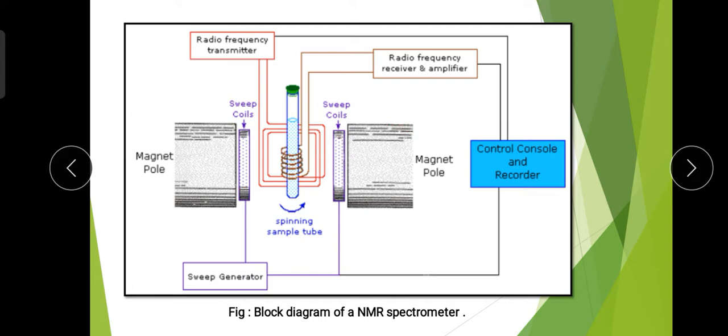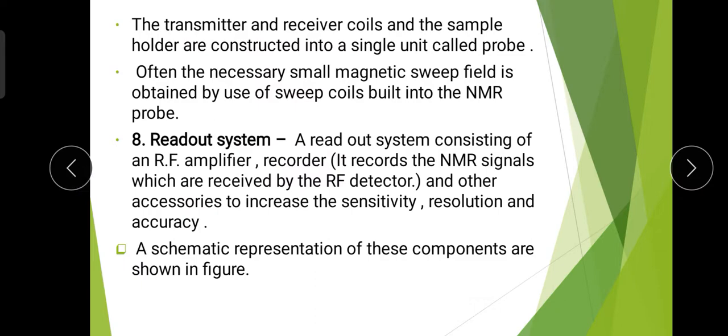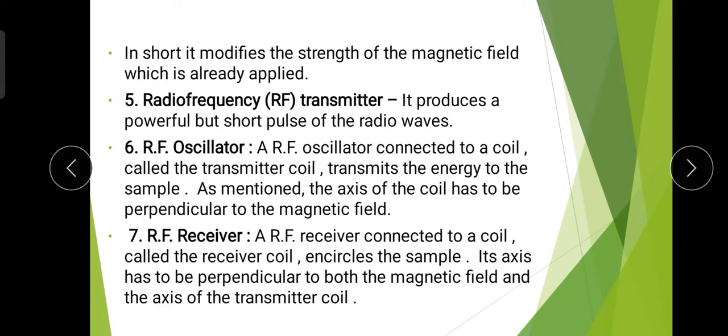Here in the diagram these are the sweep coils, and the sweep generator is connected to this coil, and the radio frequency transmitter is also connected to those coils. So this is the actual arrangement connected to the coil, which is therefore called the transmitter coil, and it transmits the energy to the sample.